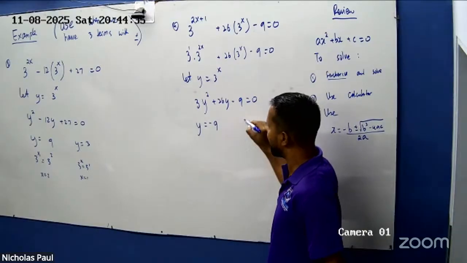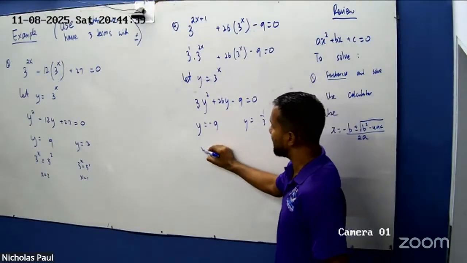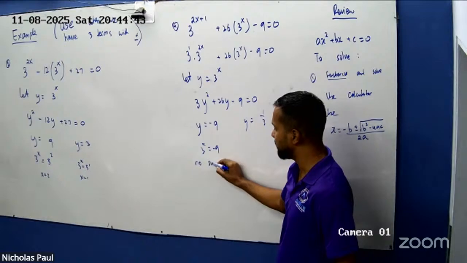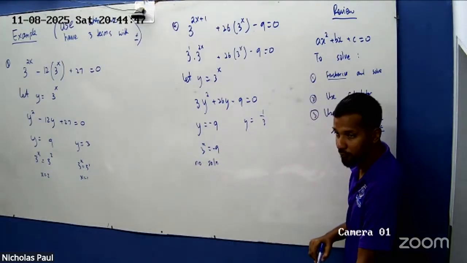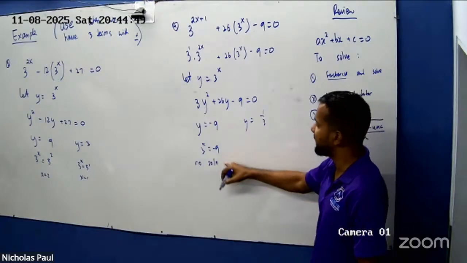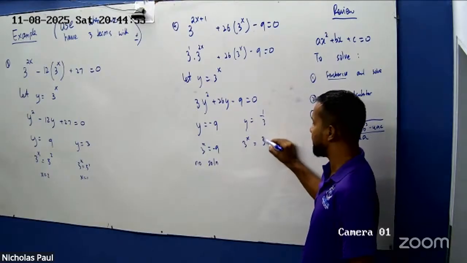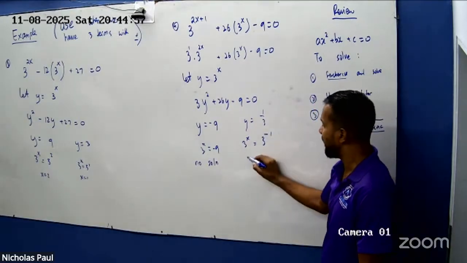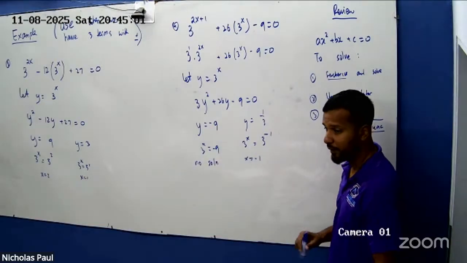Y is minus 9 and y is a third. Y is 3 to the x. This here, all you have to say is no solution. That's okay? This one here, 1 on 3 is the same as 3 to the minus 1. Right? So therefore, x is minus 1.